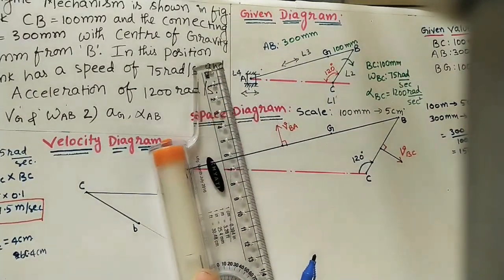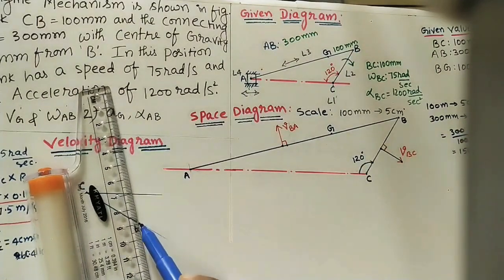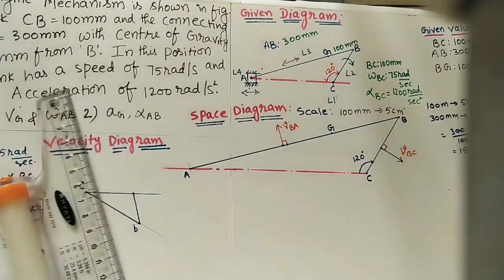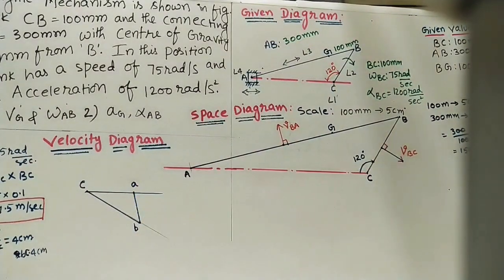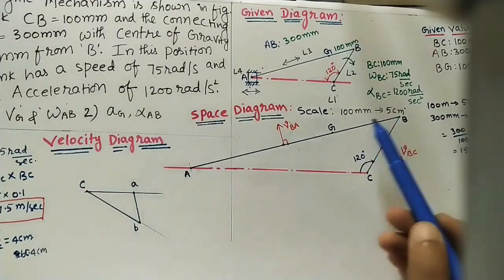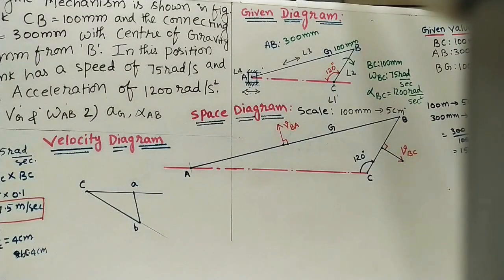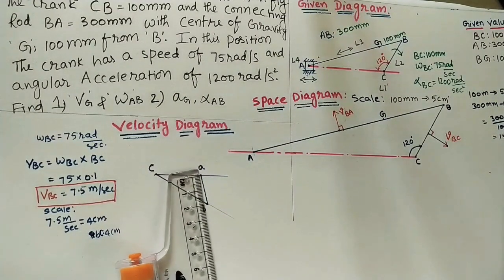Just tilt the scale at B point. And at B, do the line. The intersection point is A point. Okay, and AB vector or BA vector will give the AB velocity. Okay. Here we can measure this AB length by using the scale.